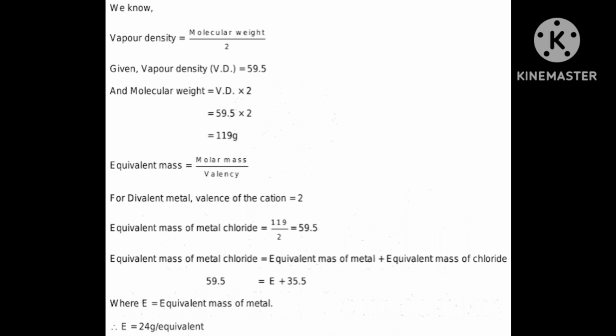Thus, having known the atomicity of the gas from the value of lambda, the atomic weight of the gaseous element is equal to molecular weight divided by atomicity. Means you will use here the Cp upon Cv value.